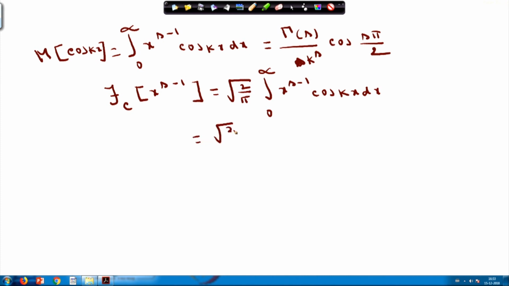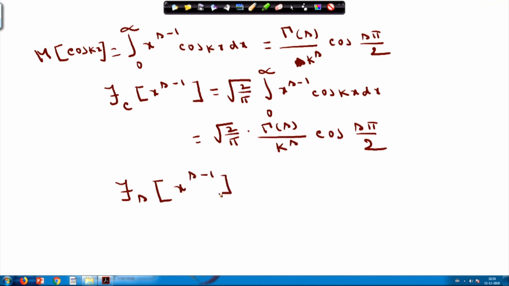So, root over 2 by pi into gamma s by k to the power s into cos of s pi by 2. So, using the Mellin transform of cos kx, I can find out the Fourier cosine transform of x to the power s minus 1, and similarly you can prove that the Fourier sine transform of x to the power s minus 1 equals root over 2 by pi gamma s by k to the power s into sin of s pi by 2.